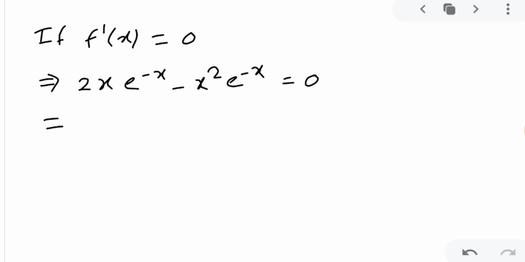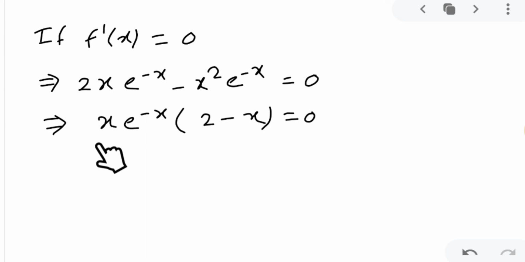Now I will simplify this and I will get the value of x. So x into e to the power minus x I can take common. So this will be 2. This is common, na? x square is x, correct? x into e to the power minus x I took common. So first 2 and minus from second x, correct?